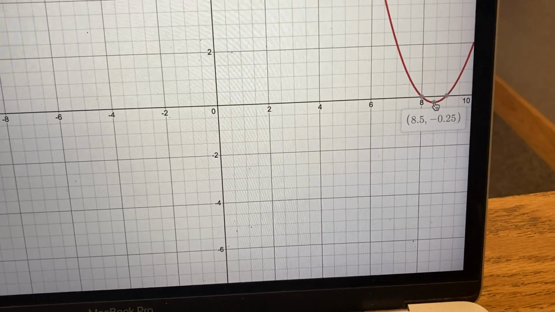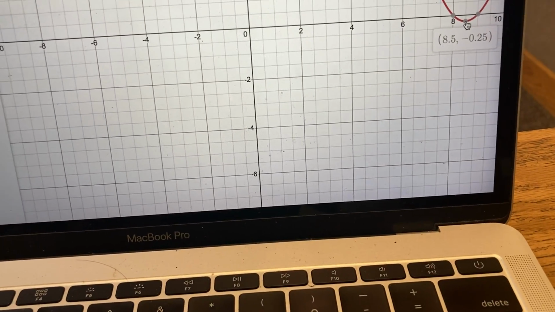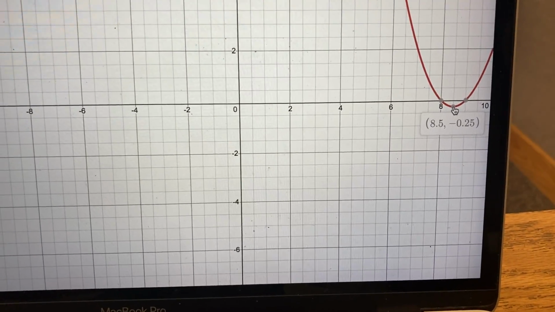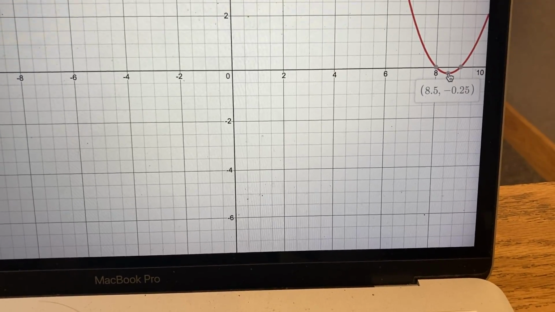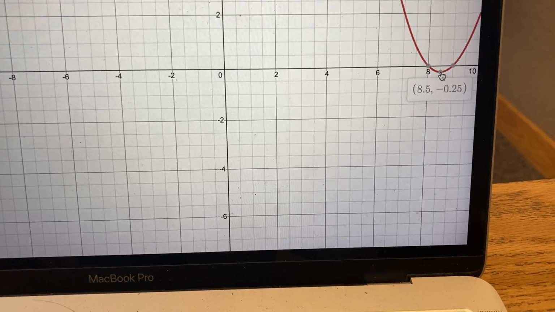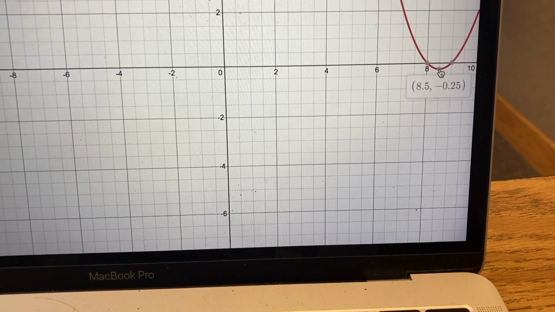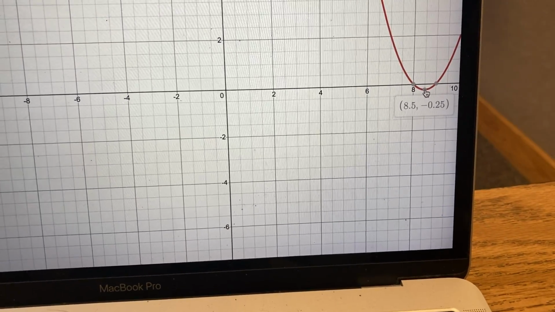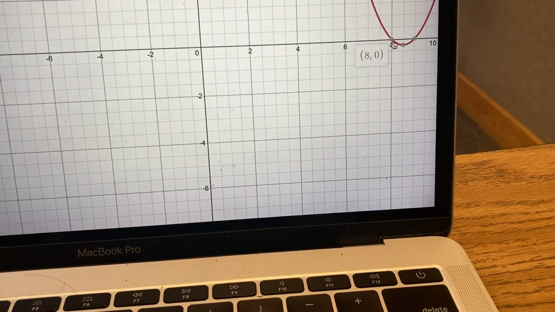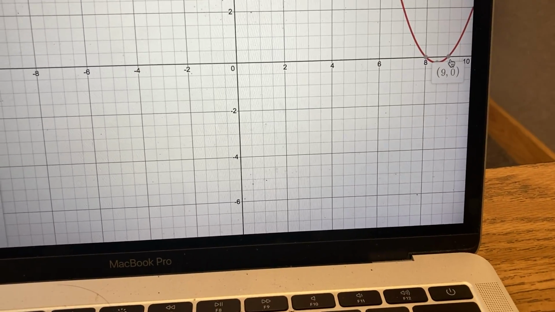The vertex, let's see, vertex is at 8.5, comma, negative 0.25, and it crosses at 8, 0, and 9, 0.